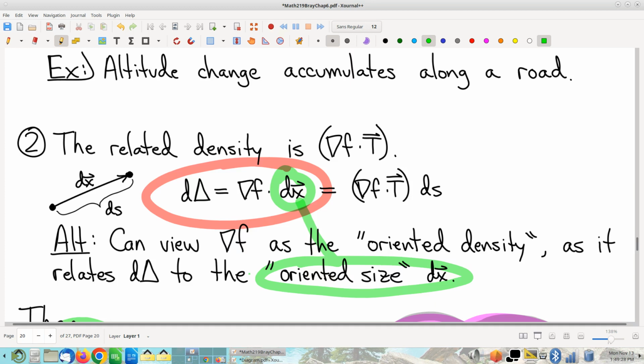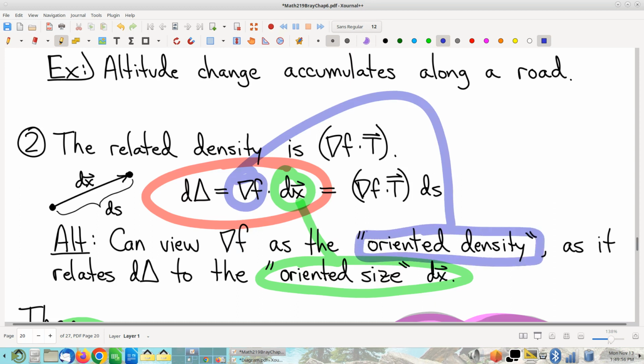It's just aesthetics. So, with that in mind, what we have encircled in red here, this is a relationship between accumulating quantity and not scalar size, but oriented size, and a relationship between quantity and oriented size. Wouldn't it be reasonable to call that then an oriented density?